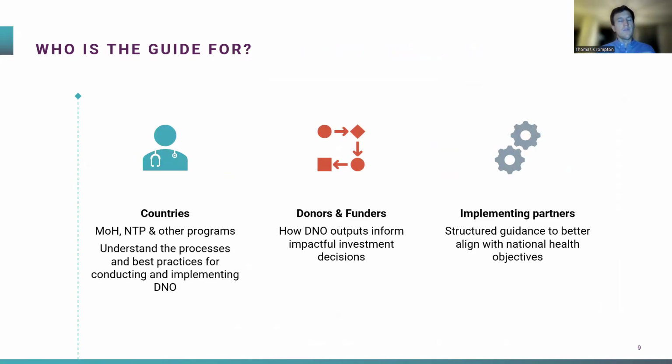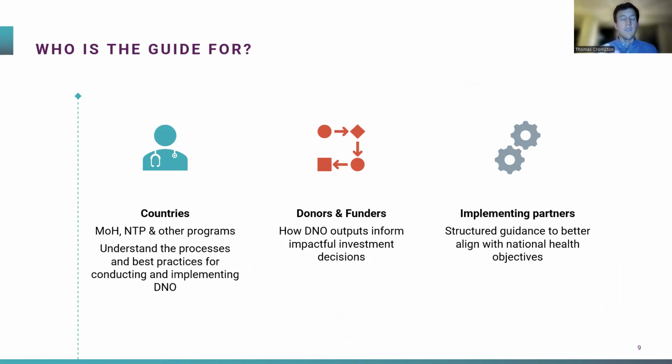And so the target audience for the guide is countries, ministries of health, NTP, and other programs, and we really want them to understand the best practices for conducting and implementing DNO.